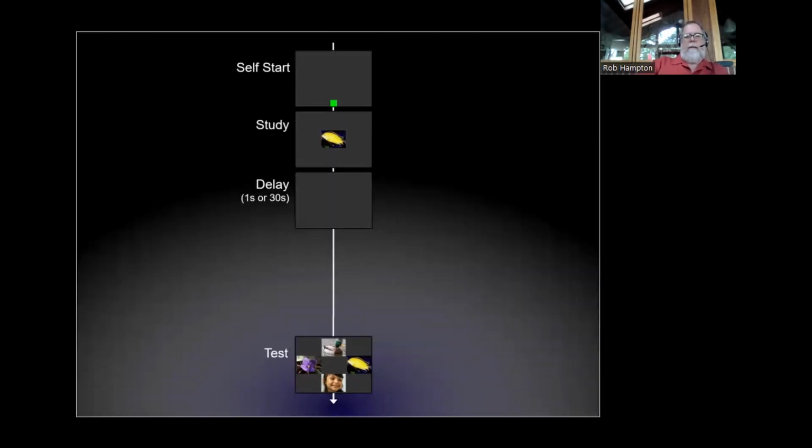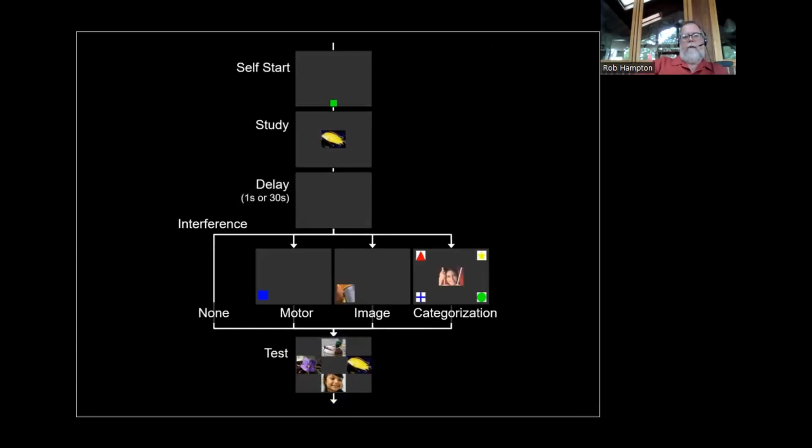And so what Ben did is exactly this kind of thing, insert different kinds of concurrent cognitive load in the delay period to assess the impact of those.